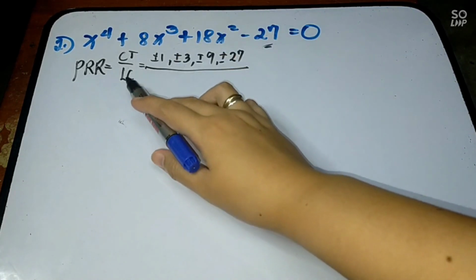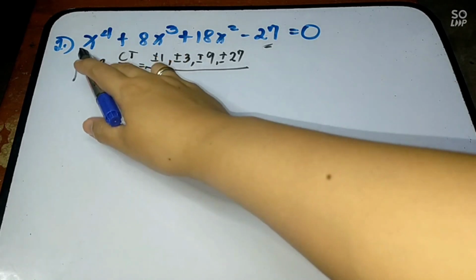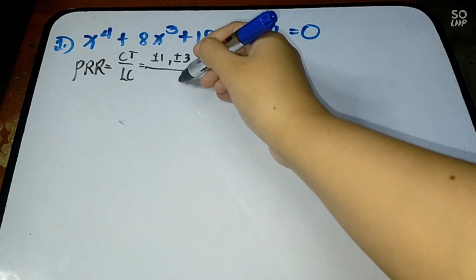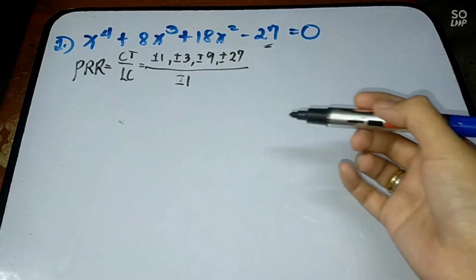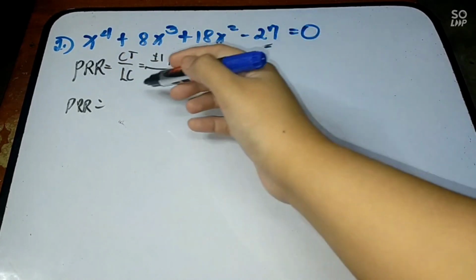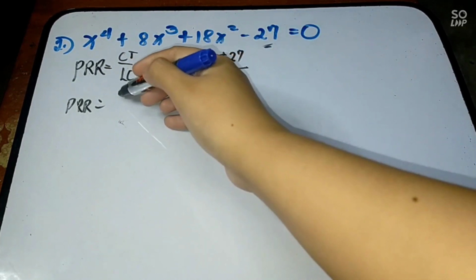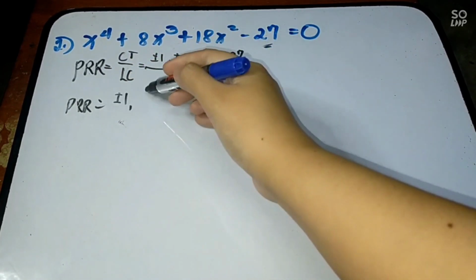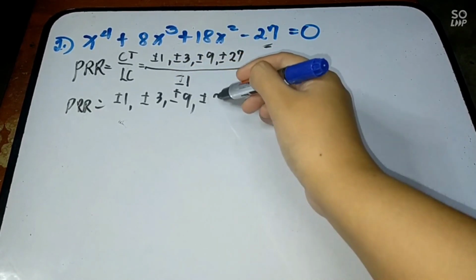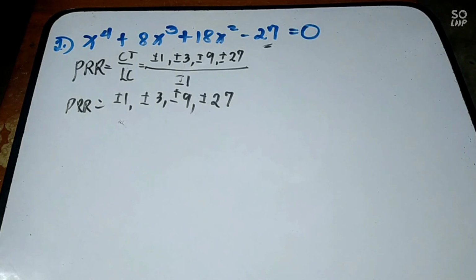Divided by the factors of the leading coefficient, which is 1, yung katabi lang na may pinakamataas na exponent. So, that is positive and negative 1. So, our PRR, divide lang natin to. So, we have 1 divided by 1. We have here 1. Next, we have positive and negative 3, positive and negative 9, and then positive and negative 27.